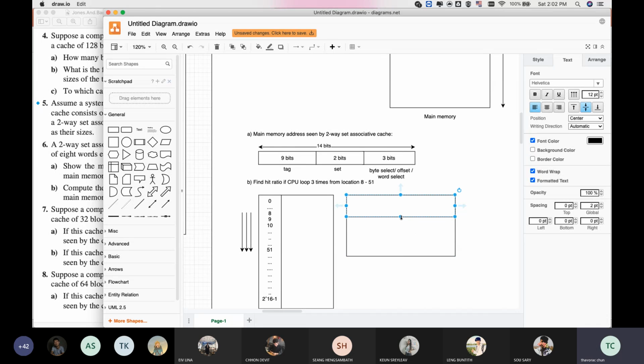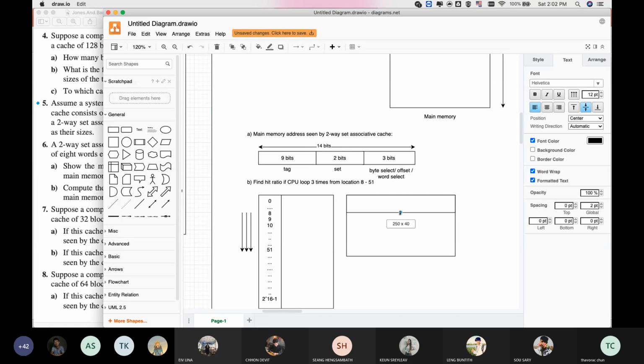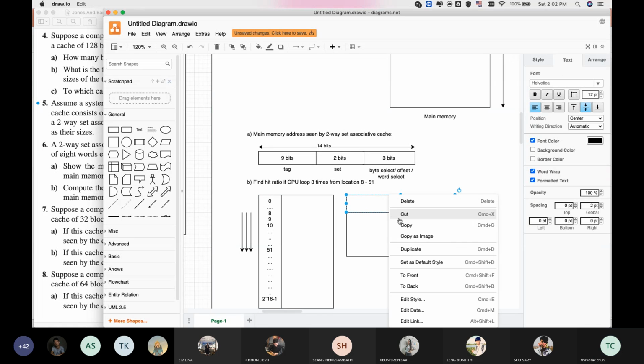So we have 4 sets, right? So let's make it set 0. This one is set 0.